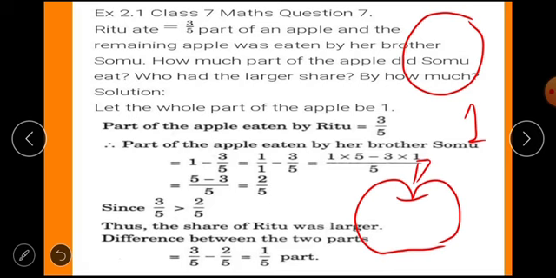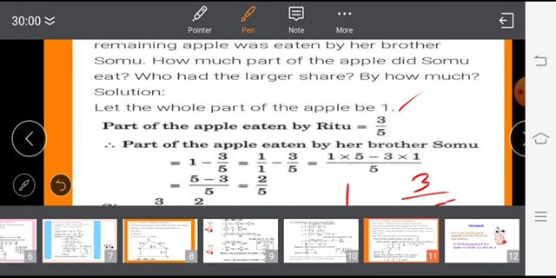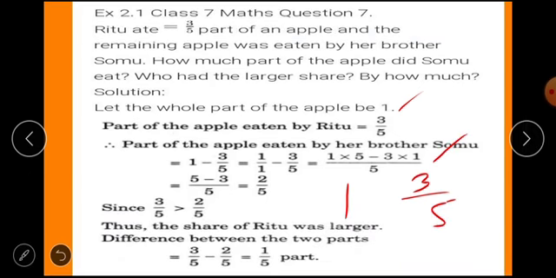So how can you write down, students? Look at the solution. So we will write down, let the whole part of the apple be 1. Part of the apple eaten by her brother. How can we calculate? We subtract 3 by 5, means the part eaten by Ritu, from the whole, and the whole we are representing by 1. So we will subtract this 3 by 5 from 1. So we can calculate who ate the more food.